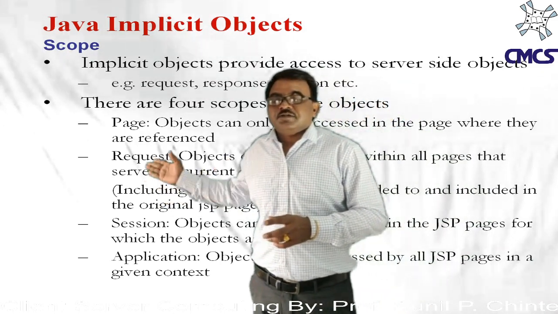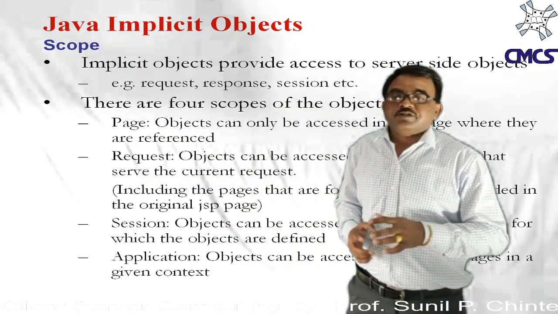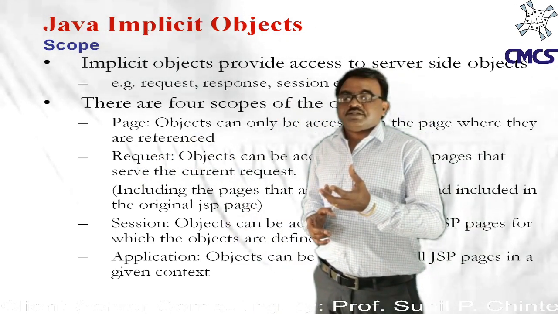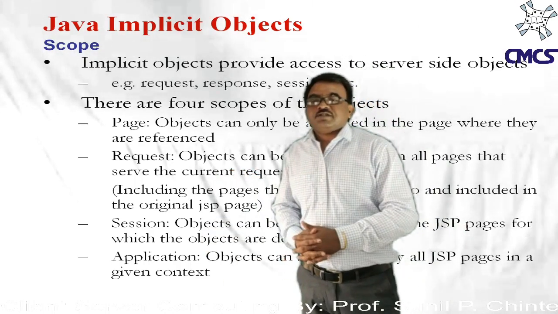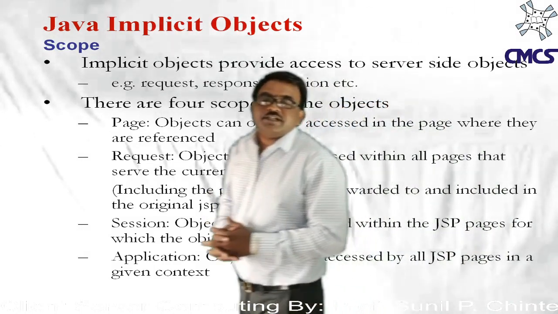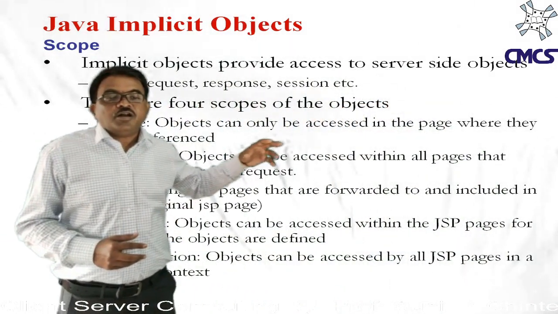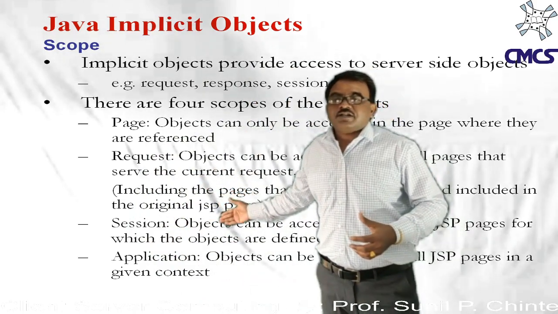Means with the page scope, the object can only be accessed within that page. Then with the request scope, the object can be accessed within all pages that serve the current request.